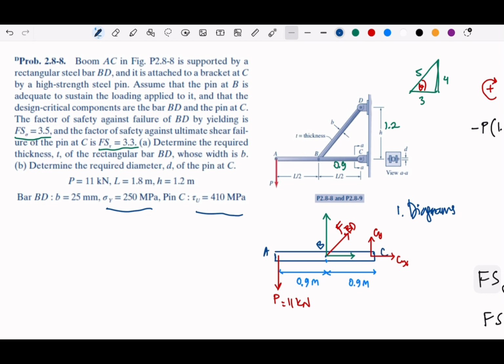B is the height and T is the thickness. So B multiplied by T is our area. Okay, do you see it? Where is the thickness? Thickness is this. This B is the height.